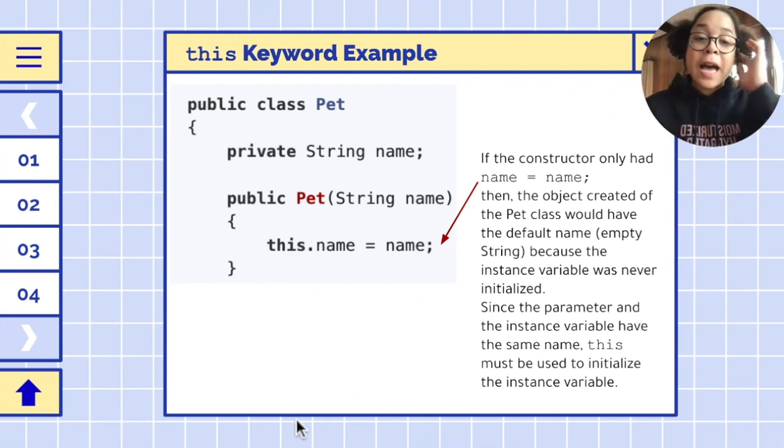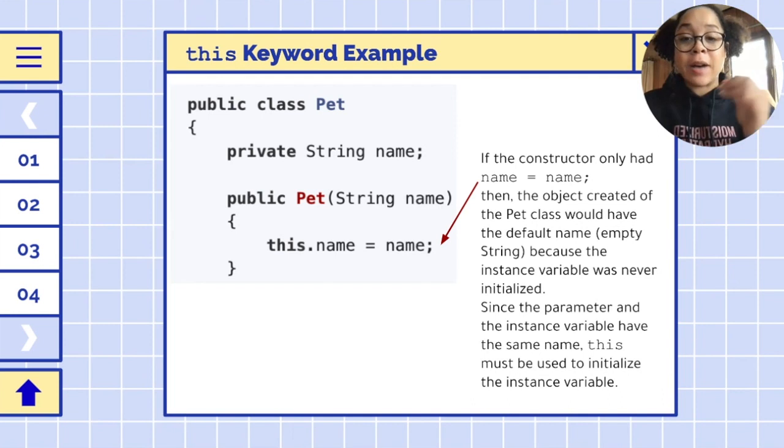Well, that means that the object that was created of the pet class would have an empty string as the name of the pet, because in that case, the instance variable was never initialized. So in order to make sure that our instance variable is initialized, we have to use this dot name because these have the same variable names.